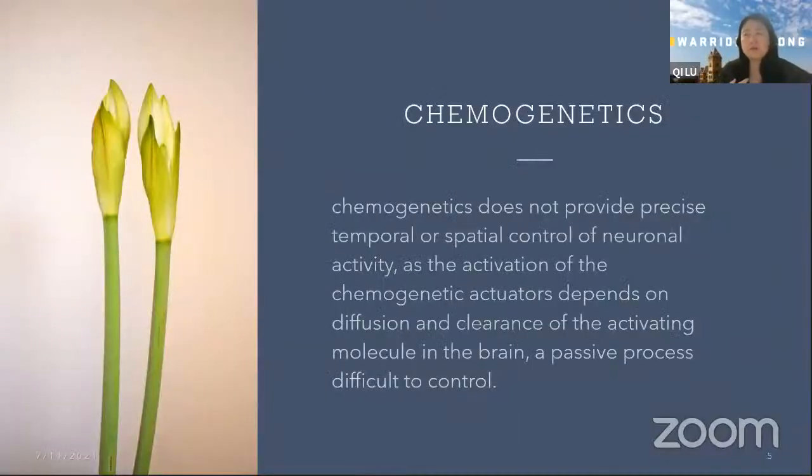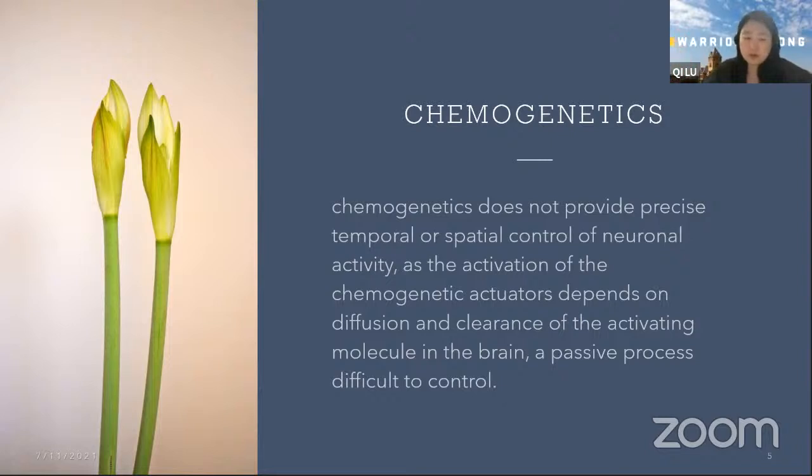Another approach that gene therapy has focused on is chemogenetics. The disadvantage of chemogenetics is that it cannot provide precise temporal or spatial control of neural activity, because the drug is usually delivered by IP or IV injection, intranasally, or through an installed cannula.